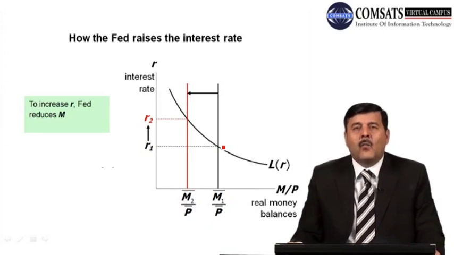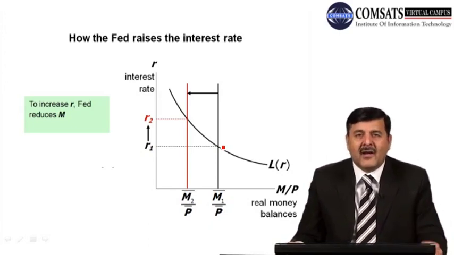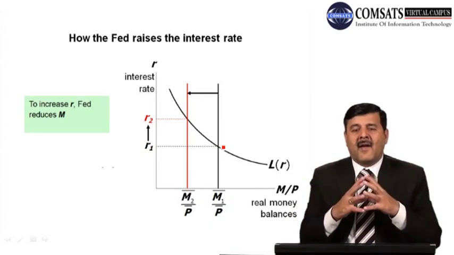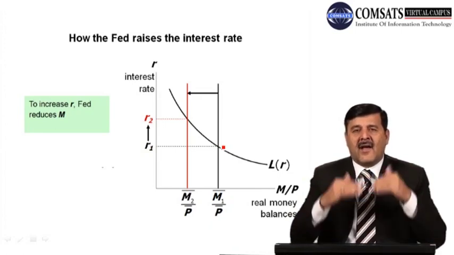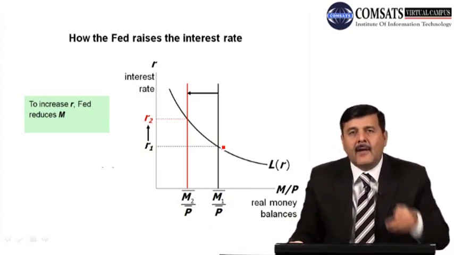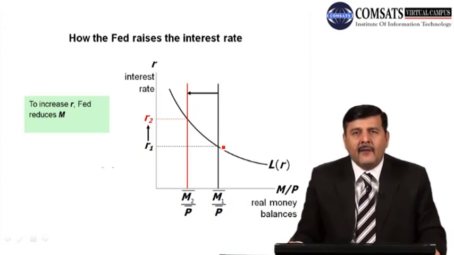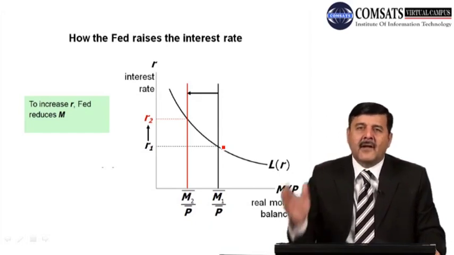What the central bank has to do is reduce money supply in the economy. If the central bank wants to increase the rate of interest, what will they do? They will reduce money supply in the country. So when the central bank reduces money supply, the money supply curve will shift inward.